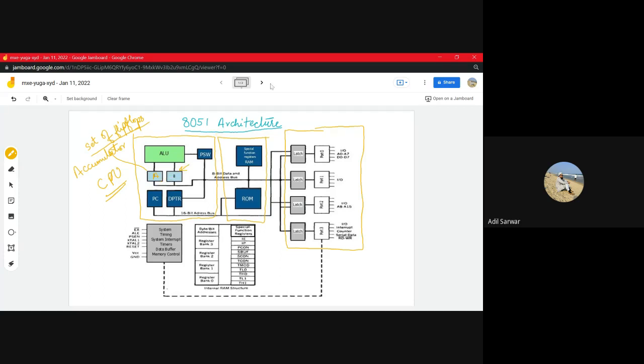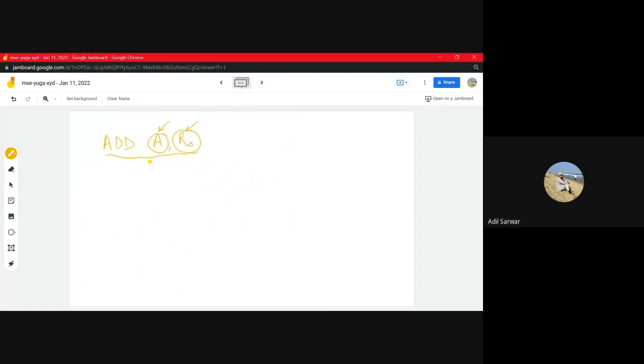Okay, so I was telling you about this instruction, add A comma R0. This is a single instruction in 8051, which is basically adding the content of A and the content of R0. R0 is again a register.